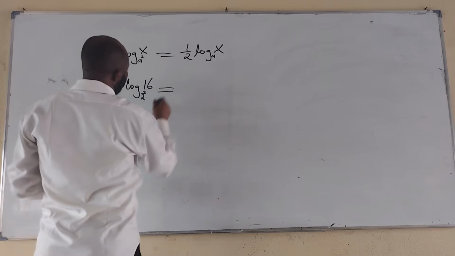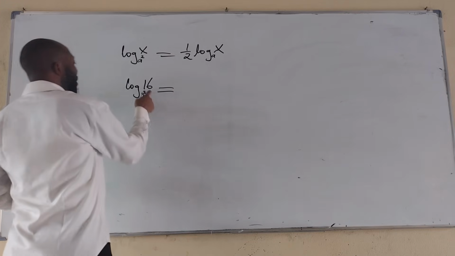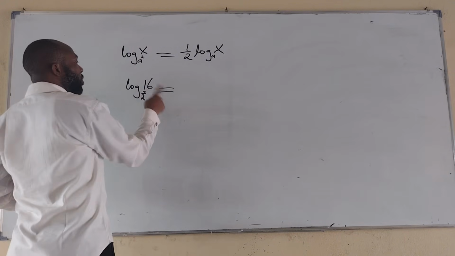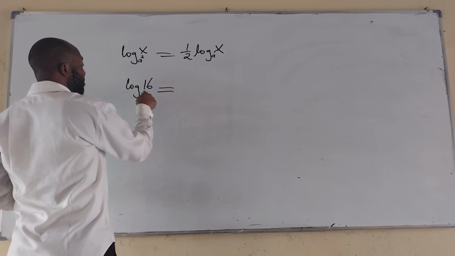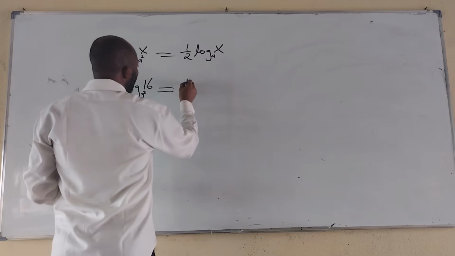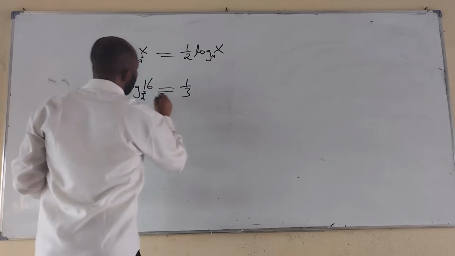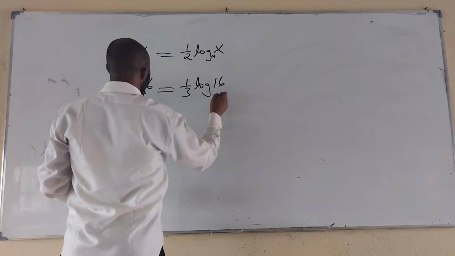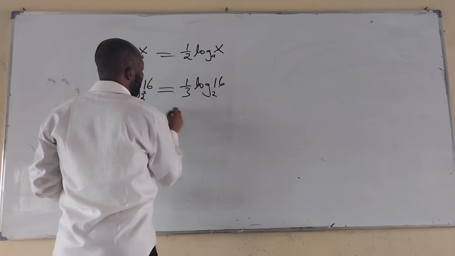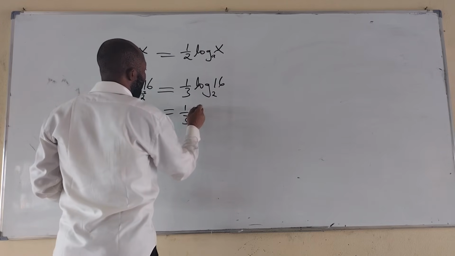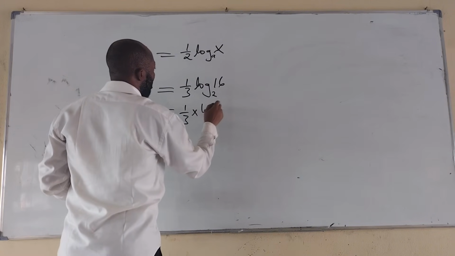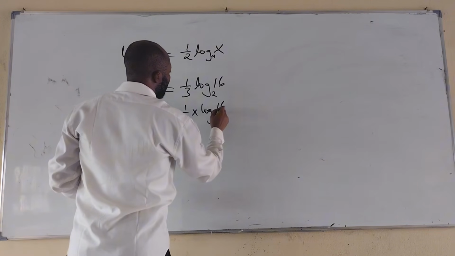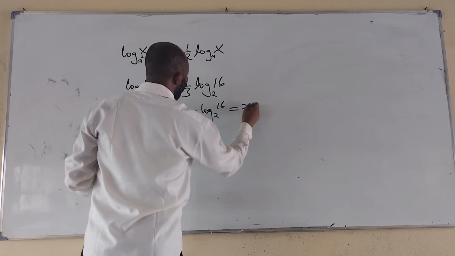So this is the power of the base, the reciprocal of the power, which is 3, becomes 1 over 3. So this becomes 1 over 3 multiplied by log 16 in base 2. So this is 1 over 3 times log 16 in base 2 is equal to x.